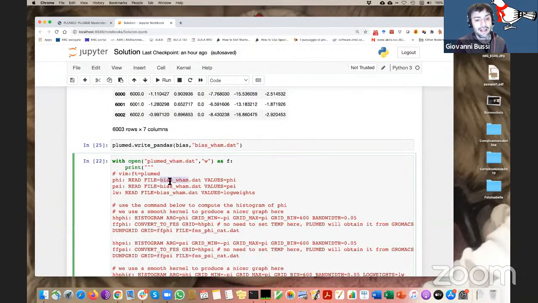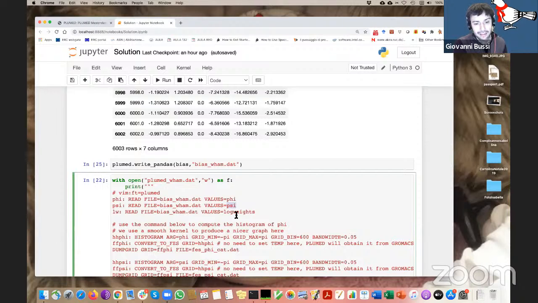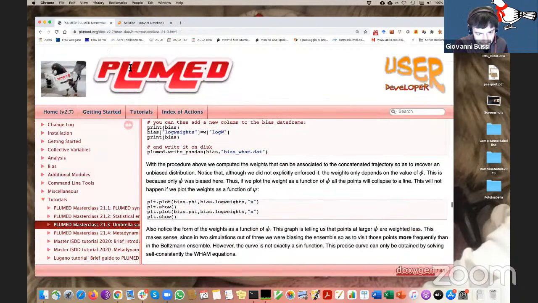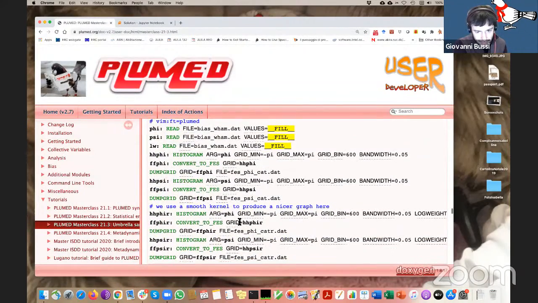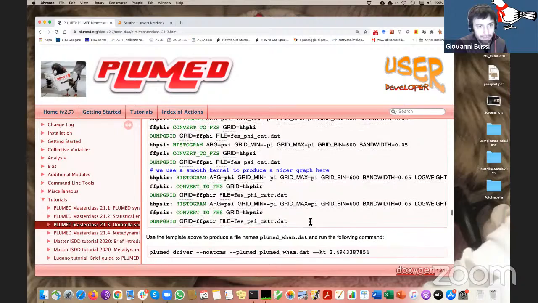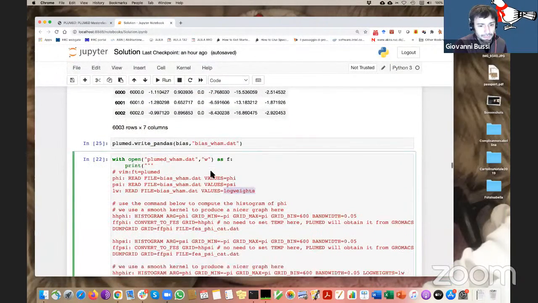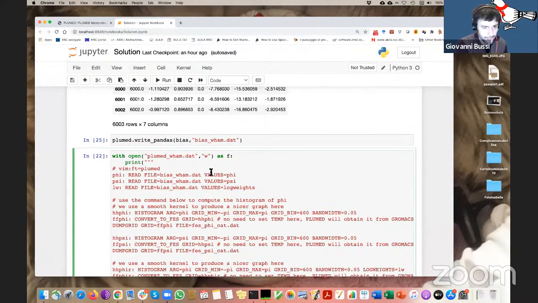So I'm just going to read the value of phi and psi from the same file. And then I'm going to read the weights as well. So let's look at the provided template. So you were supposed to fill this. That's very similar to what you did with Gareth, and then all the rest was already provided. So hopefully you managed to do it.